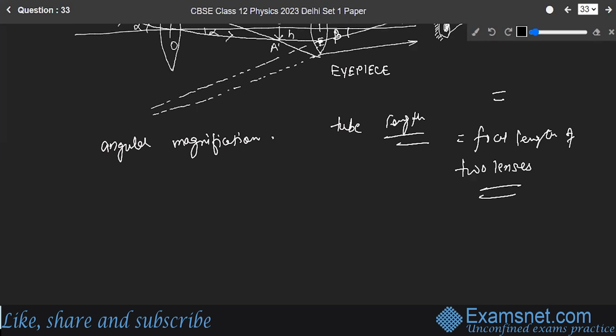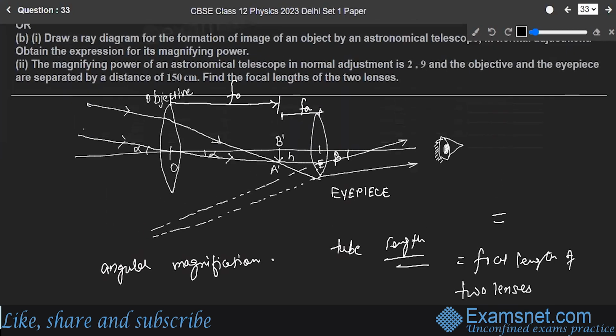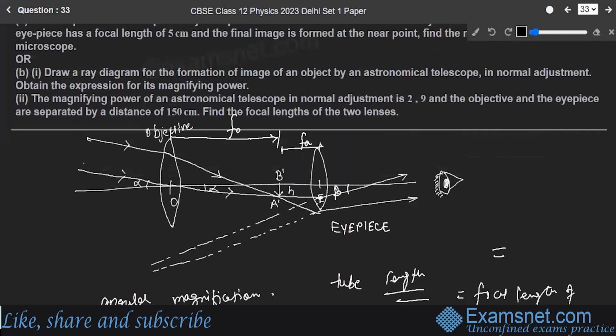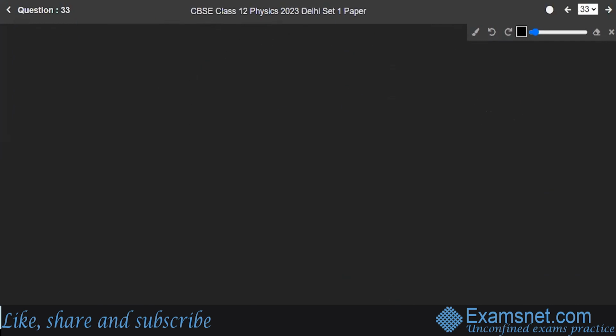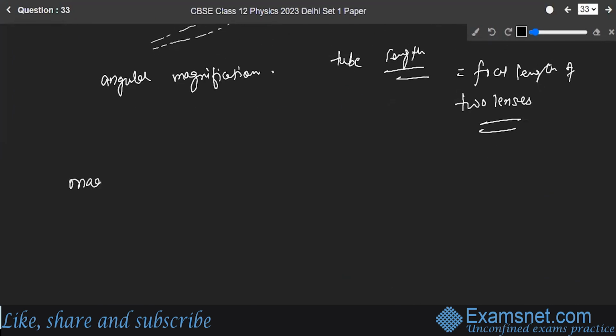Now, let's say beta is the angle that the image subtends at the eye, compared to the angle alpha that the object subtends at the lens. So the magnifying power M is equal to beta upon alpha.